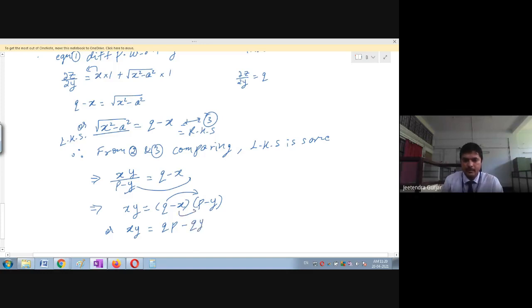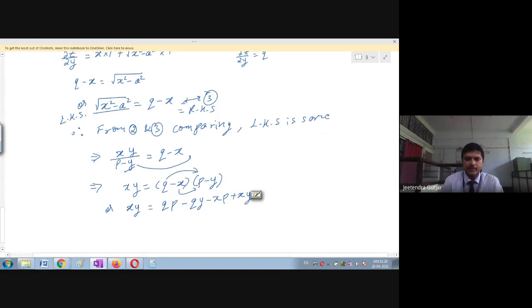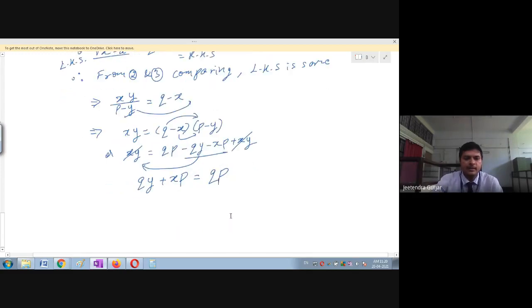Next, minus x into p, xp, and minus x times minus y will become plus xy. Is it clear? Now xy and xy get cancelled. If you simplify further, I will make it all positive, so the negative terms I will bring to this side. So this will be qy plus xp is equal to qp, the final answer.